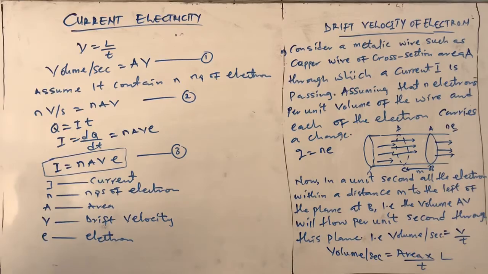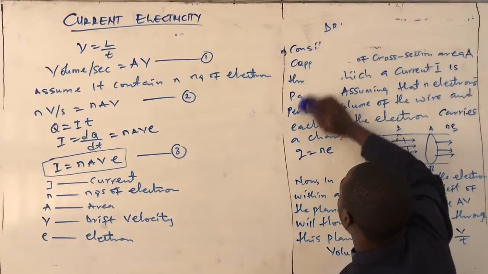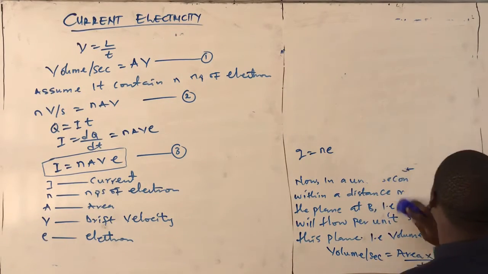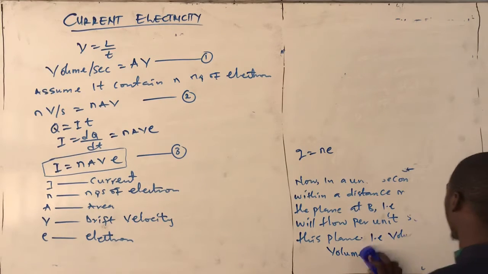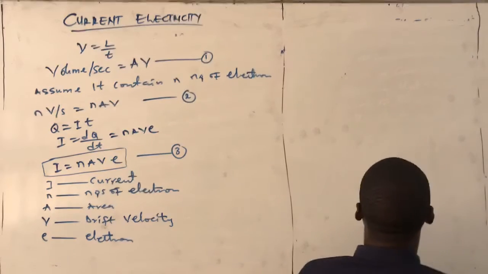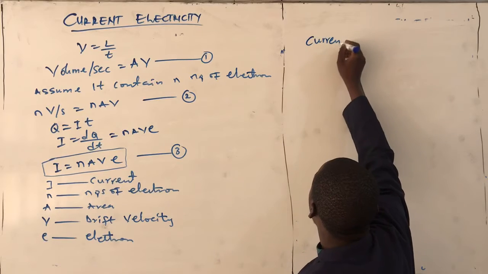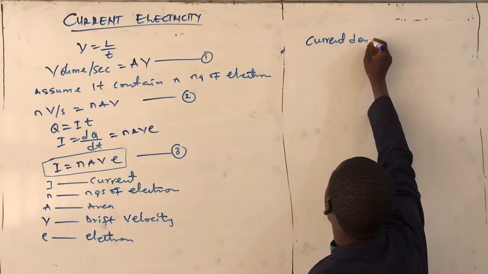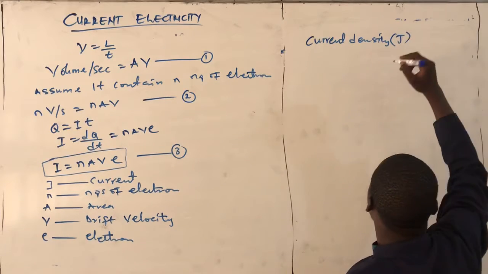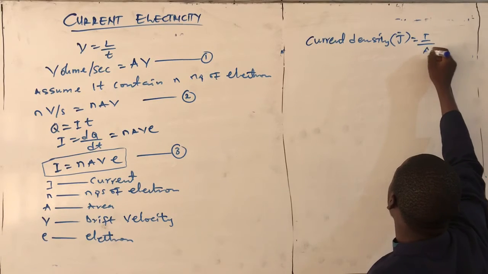So we have what we call current density. Current density is current per unit area. We represent it as J, which is equal to current per unit area.